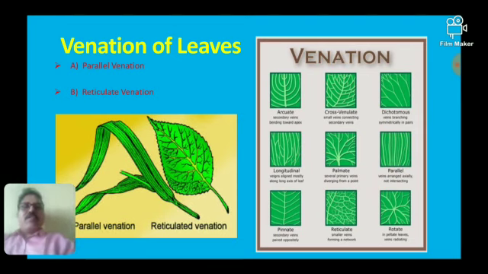But mainly the two kinds of the venation pattern are found in the monocotyledonous plants and the dicotyledonous plants. Parallel venation is found in the monocotyledonous plant. This is a parallel venation, and this is the reticulate venation found in the dicotyledonous plants. And these are the different kinds of the various types of the venation pattern which is shown in this particular figure.